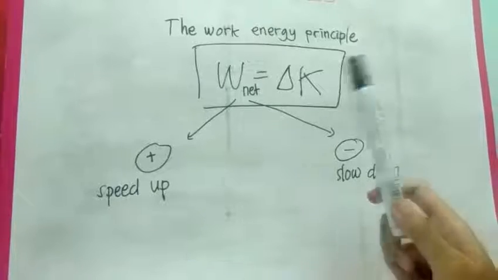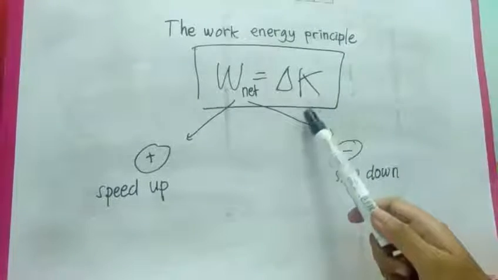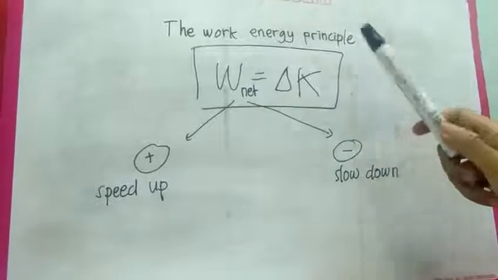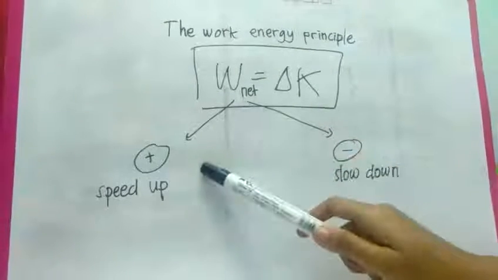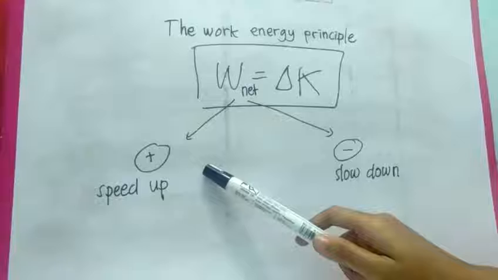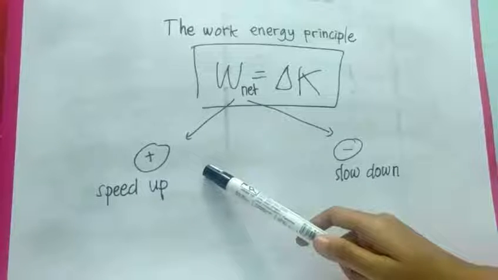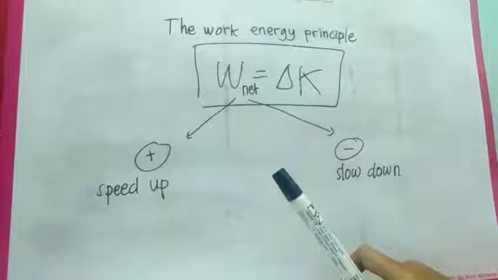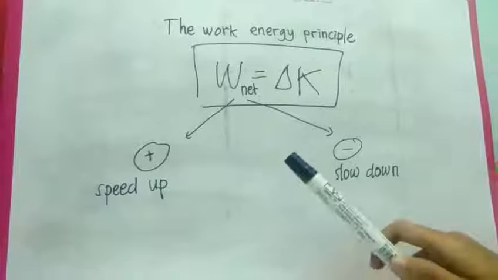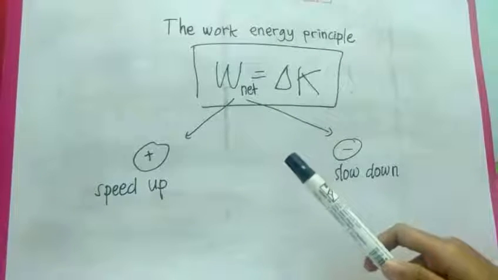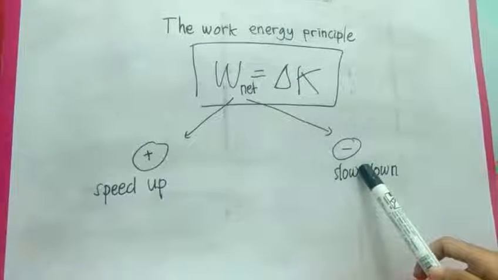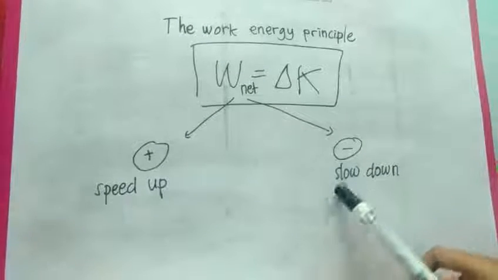This expression is often called the work energy principle. If the net work done is positive, the kinetic energy is going to increase and the object is going to speed up. If the net work done on an object is negative, the kinetic energy of the object is going to decrease, which means it's going to slow down.